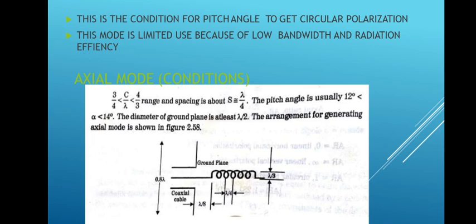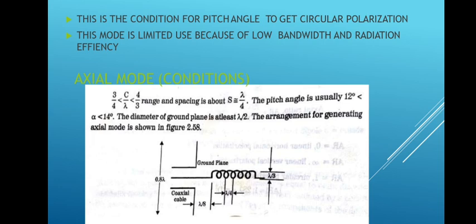This is the axial mode of operation. Here the radiation pattern is along the axis, that is the end-fire operation. This is generally right-handed circular polarization, and it may also be left-handed circular polarization, depending on the pitch angle. If the angle changes, then it may change automatically.